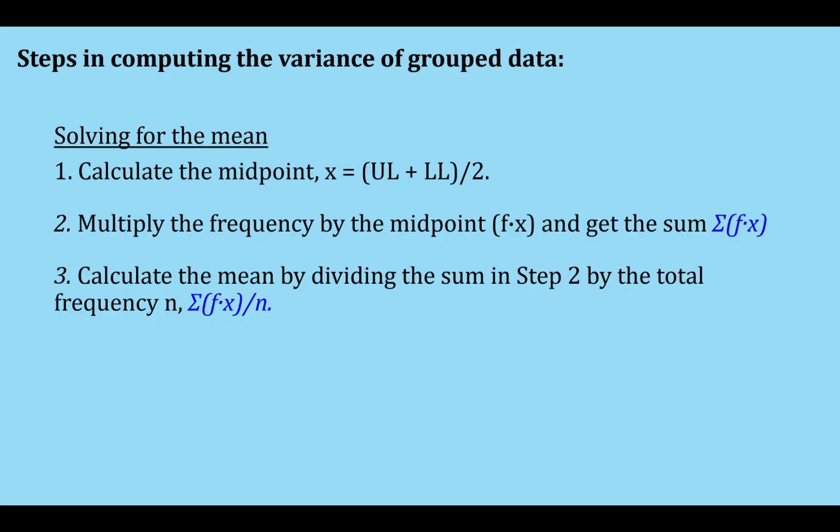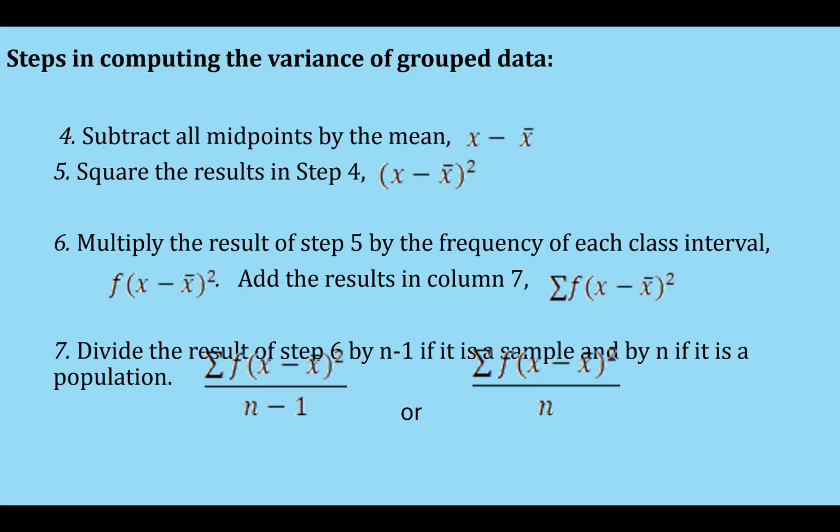Second step is to multiply the frequency by the midpoint, f times x, and get the summation of the product of f and x. Third step is to calculate the mean by dividing the sum in step 2 by the total frequency n, or in formula form the summation of the product of f and x divided by n.